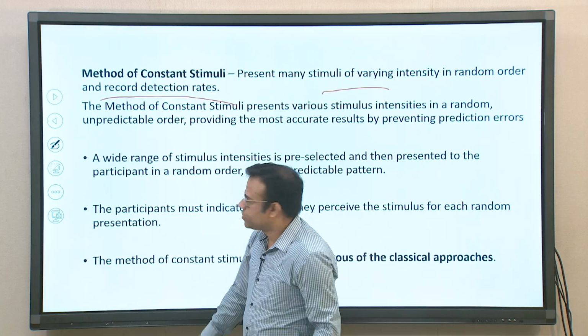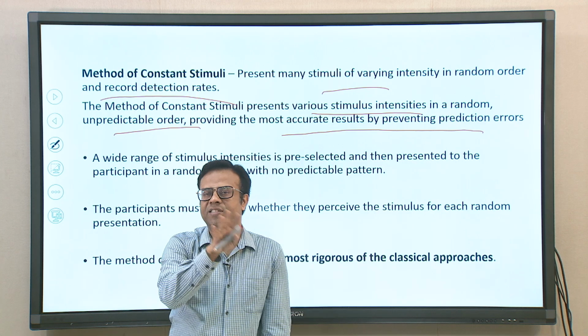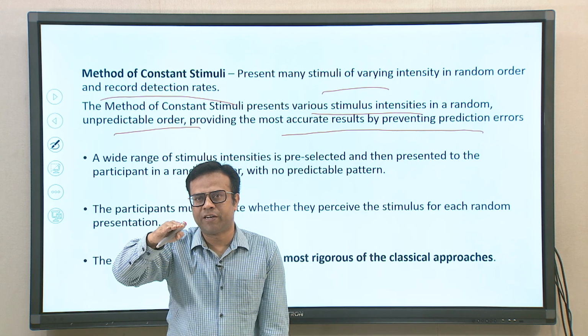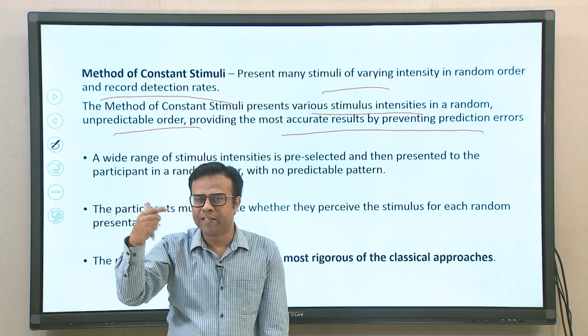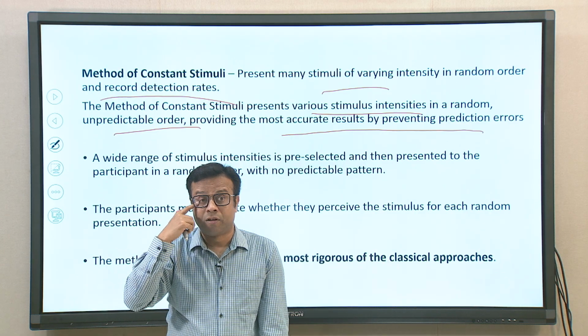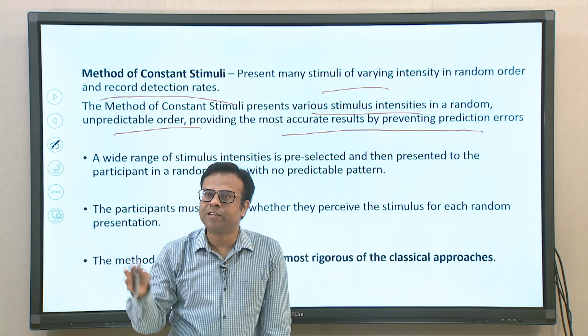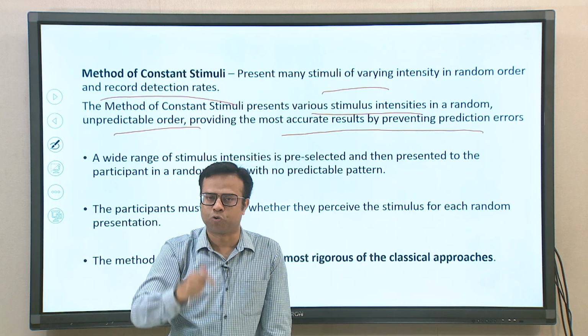So, the method of constant stimuli presents various stimulus intensities in a random, unpredictable order, providing the most accurate results by preventing prediction, because in the other cases, method of limits and adjustment, there are predictable patterns. Now the sound intensity is increasing, so the participant can expect it, and based on expectation they can sometimes say something. So, there can be errors involved in it, but when it is random you do not know when high intensity, low intensity, or moderate intensity is going to come.